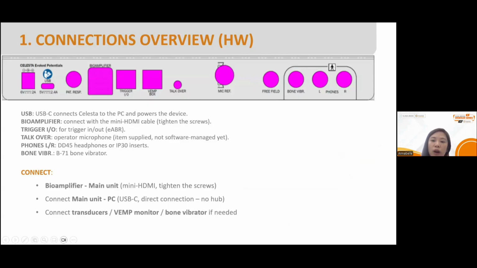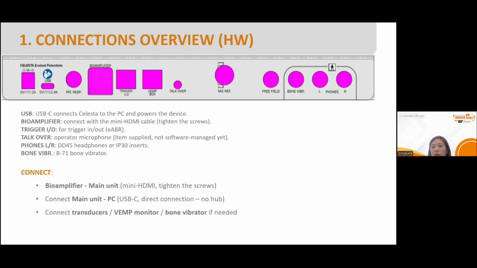Maybe you can also use the bone vibrator if your kid, like a newborn baby, has atresia or microtia, and you still want to know whether they can hear with a bone conduction test. They can't hear well outside, so you're not able to use the insert phones, just the headphones, and you check that there's a delay of the signal in the ABR, like the signal is only present at 40 or 50 dB of stimulus level.